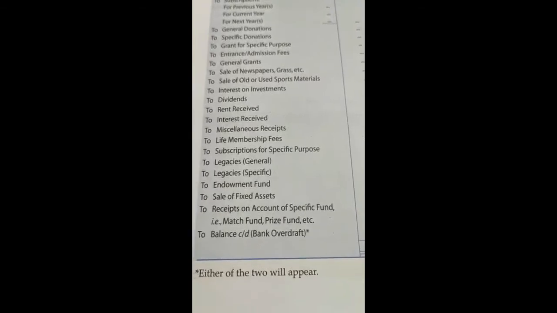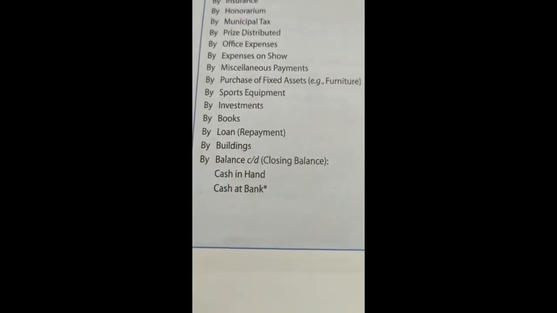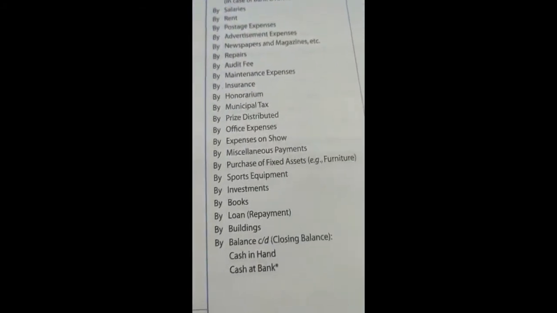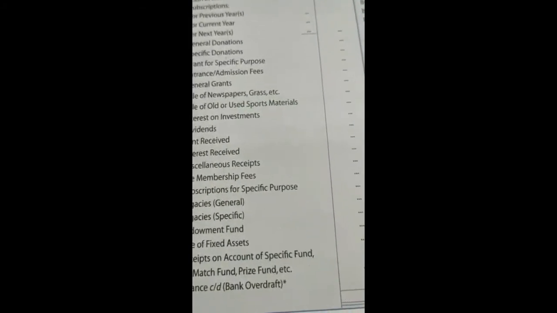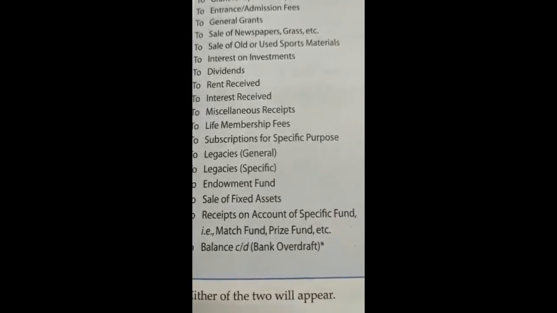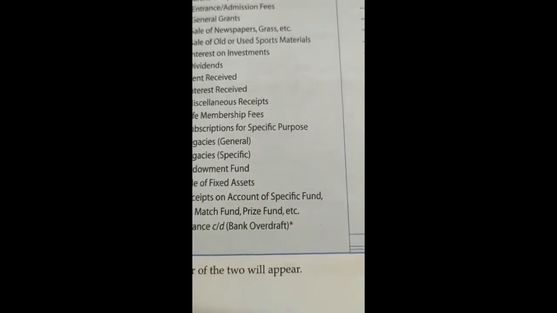Then they have balance c/d, that is bank overdraft. Opening balance is on the debit side. Normally on the credit side we have the closing balance, but as in a cash book, if the payments are more than the receipts, we may have a closing balance as balance c/d, and that can only be a bank overdraft, because cash cannot have a negative balance.